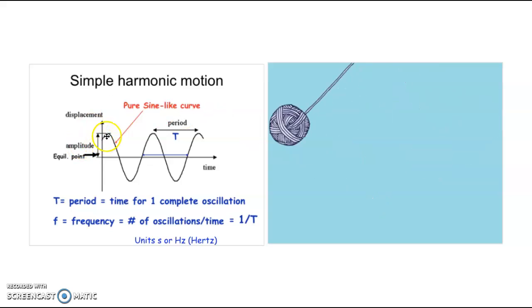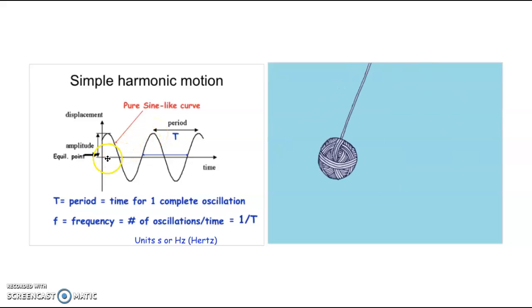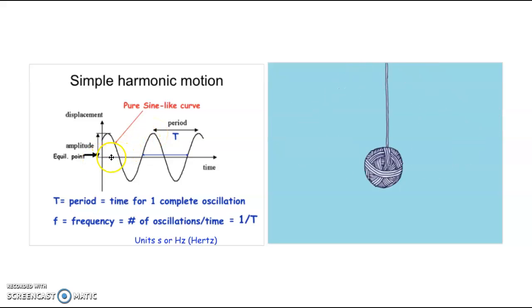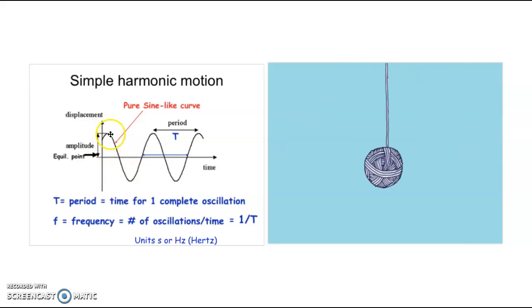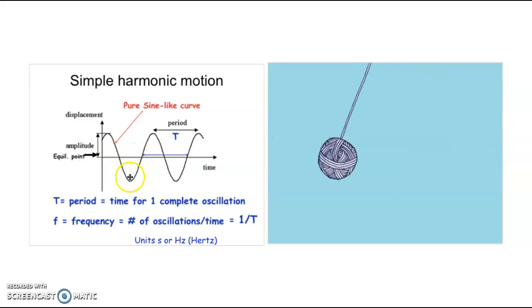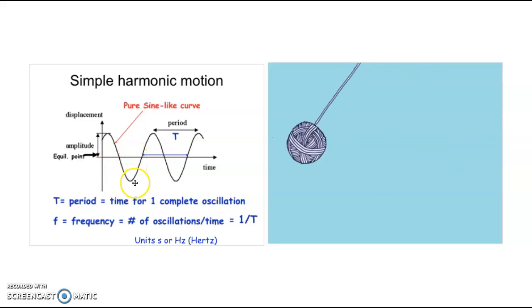So here on this displacement time graph, your amplitude is from the equilibrium point to the highest tip, and this should be exactly the same in magnitude, from the center to the bottom. Both of these heights give you amplitude. Now that's a very important distance on the displacement scale.